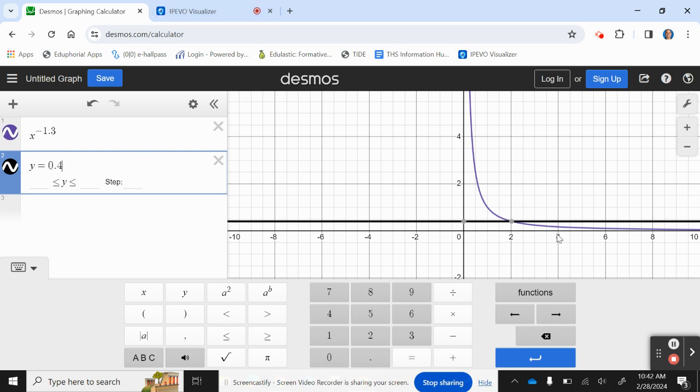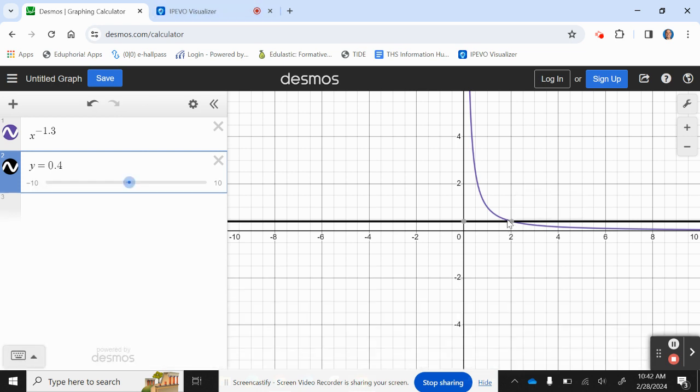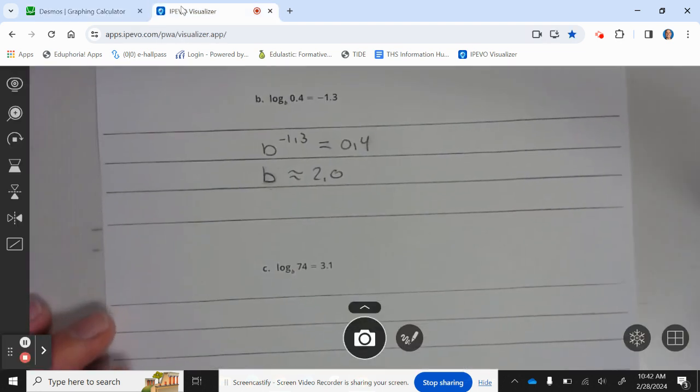All right, and then there's our point of intersection. Okay, b is approximately 2.0.